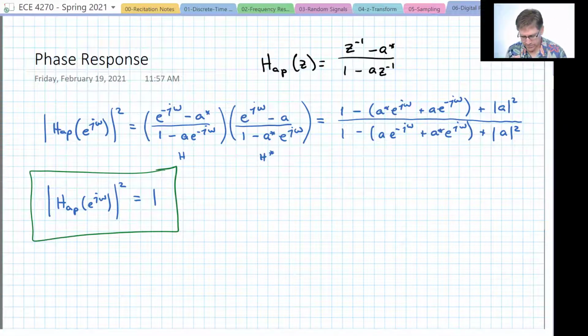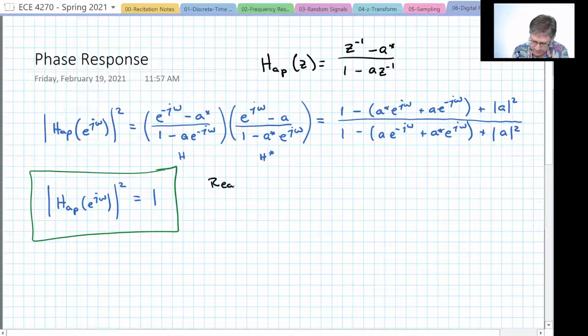Okay, this filter has complex values in it. We have a star and it's assumed that we have a complex a. It could be real, but that's just a special case. What happens if we want a real all-pass filter? We can get that simply by putting in the conjugate points.